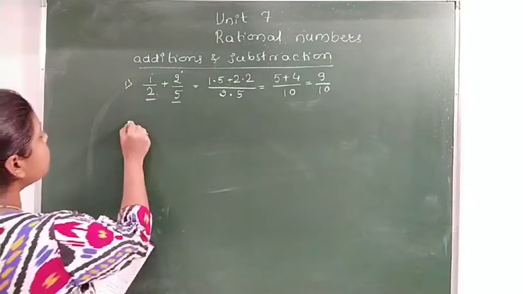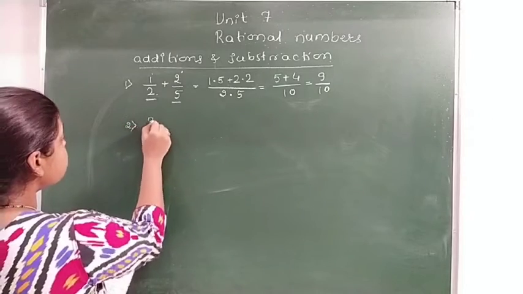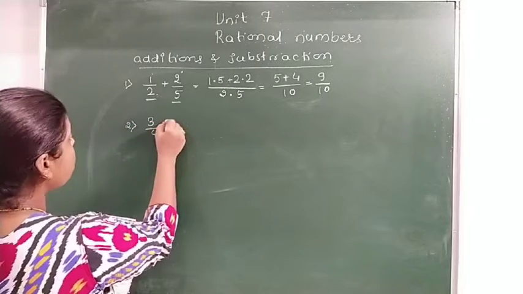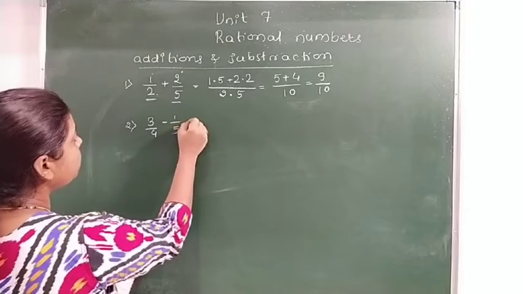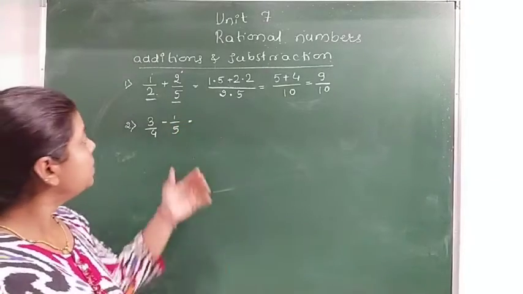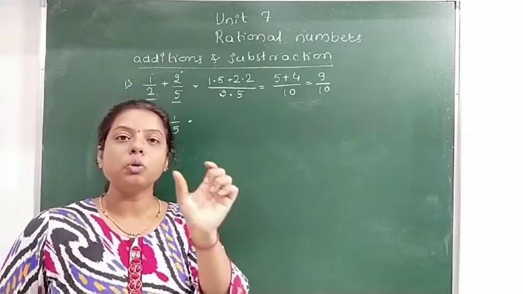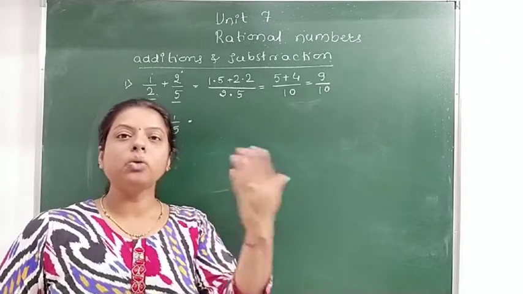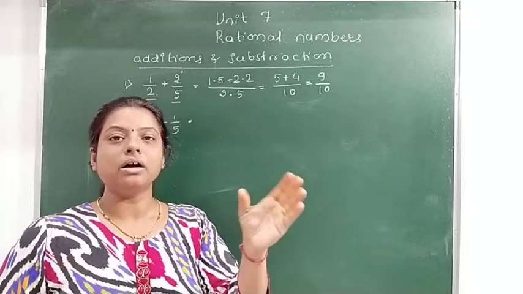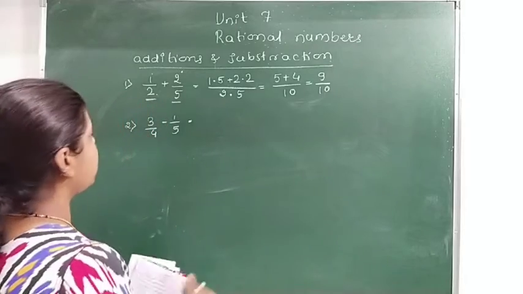We'll take another example for subtraction: 3 by 4 minus 1 by 5. Here also, if we make the denominator single, then only it is easy to do addition or subtraction.